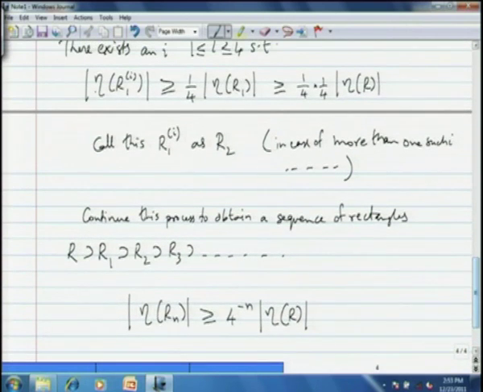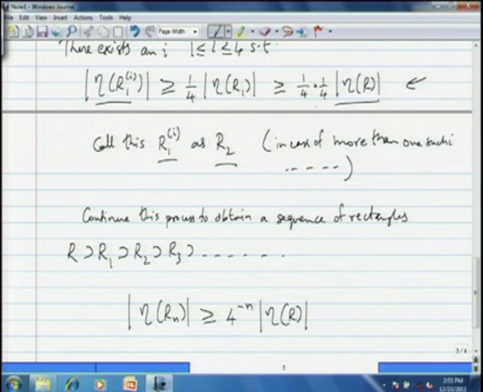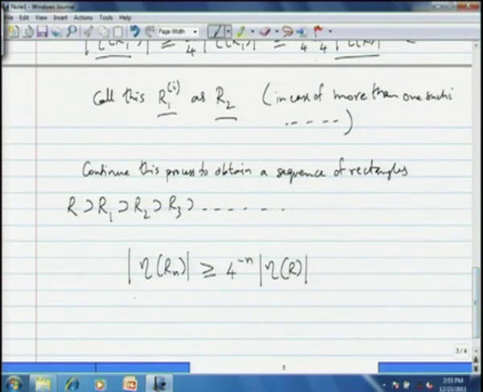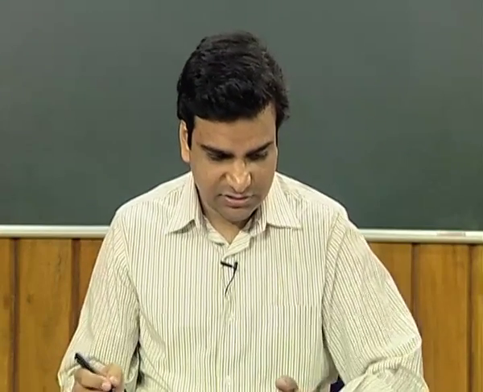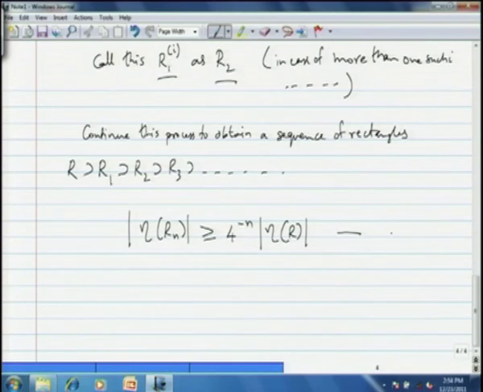For example, the modulus of η(R_2) is greater than or equal to 4^(-2) times the modulus of η(R). Continuing this, η(R_n) is at least 4^(-n) in modulus of η(R).